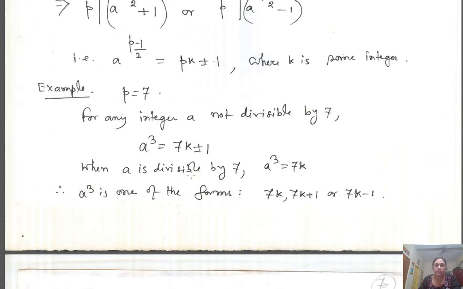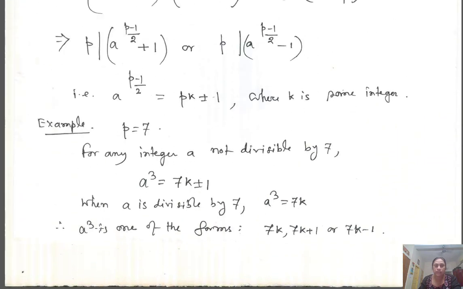It essentially says that when you divide the cube of any integer by 7, the remainder is either 0, 1, or minus 1.